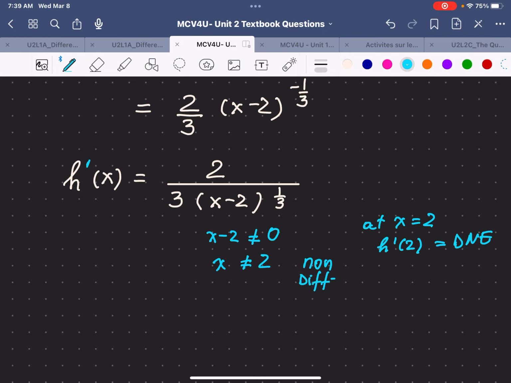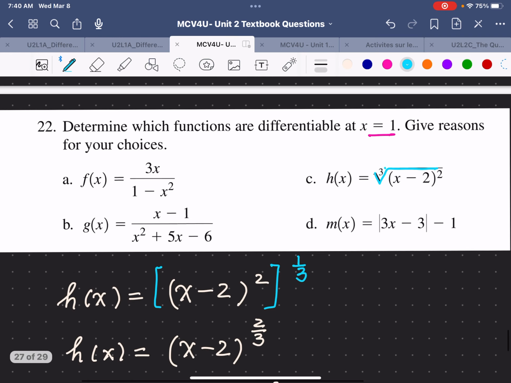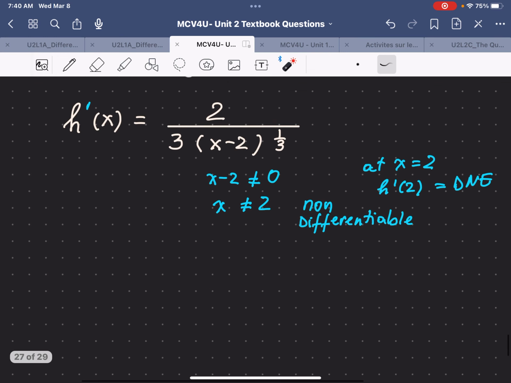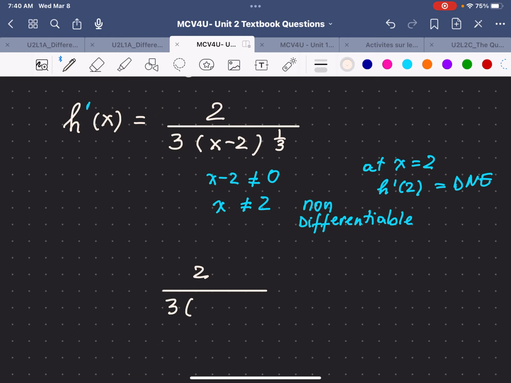Now the question is specifically asking for x equals 1, so it's asking if the function is differentiable at x equals 1. If you substitute x by 1, then we'll get 2 divided by 3 times 1 minus 2 to the power of 1 over 3.